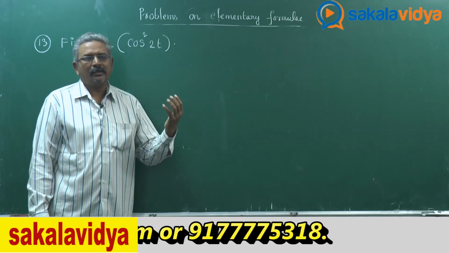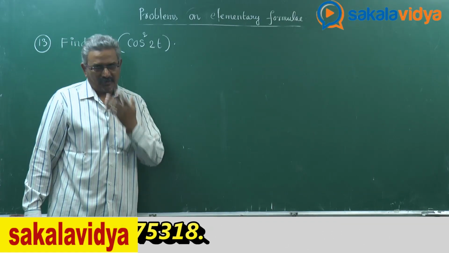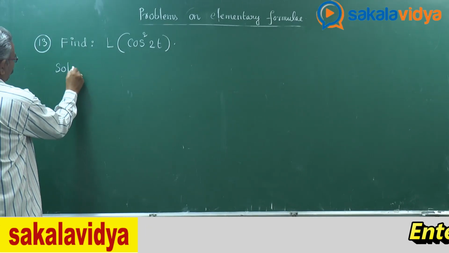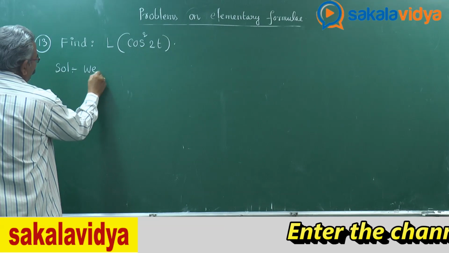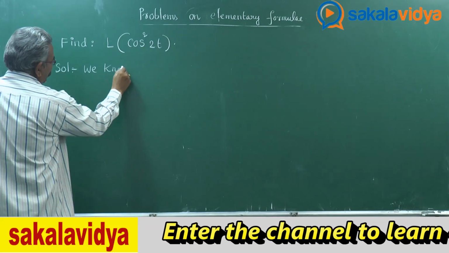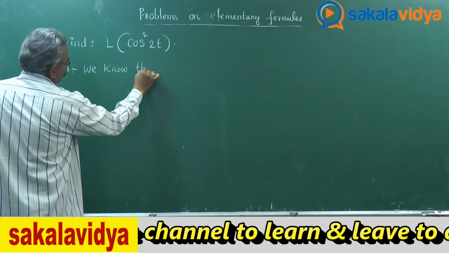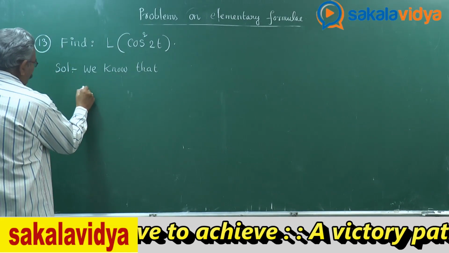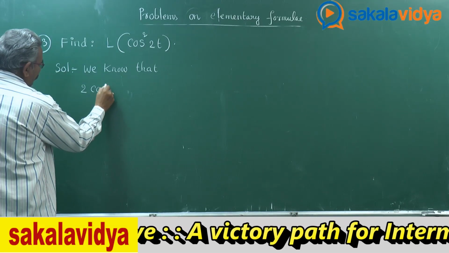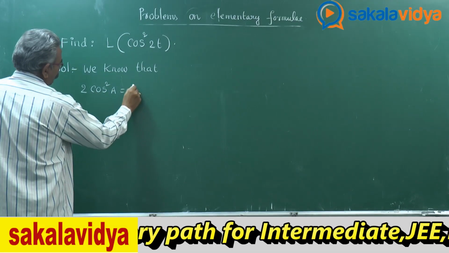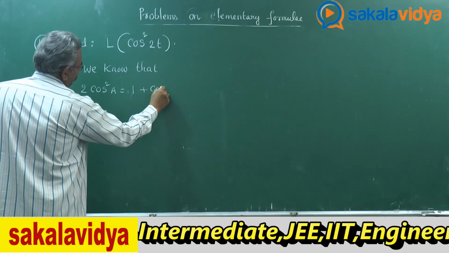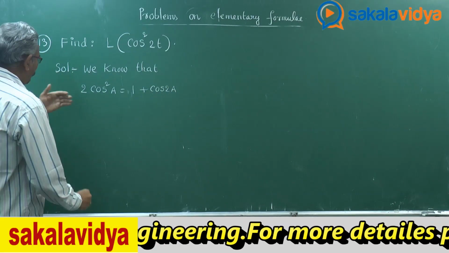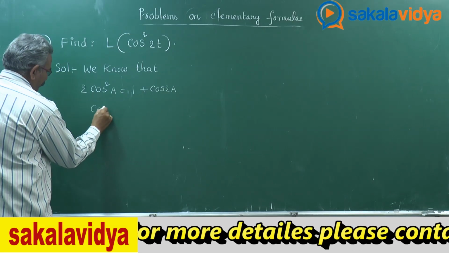Now let us proceed to the solution. We know that 2 cos square a, or theta, is 1 plus cos 2a. So let us write the value of cos square a.